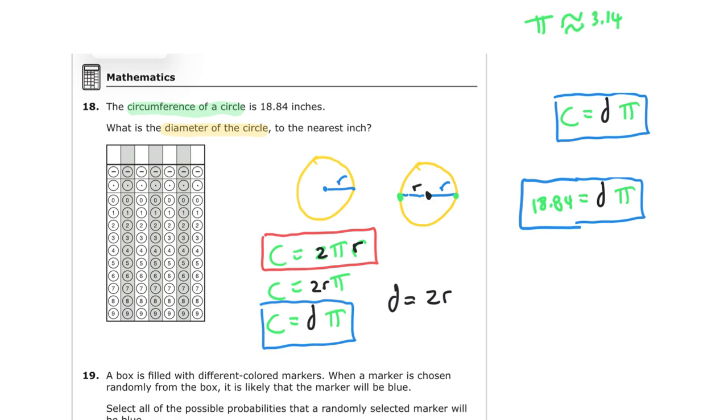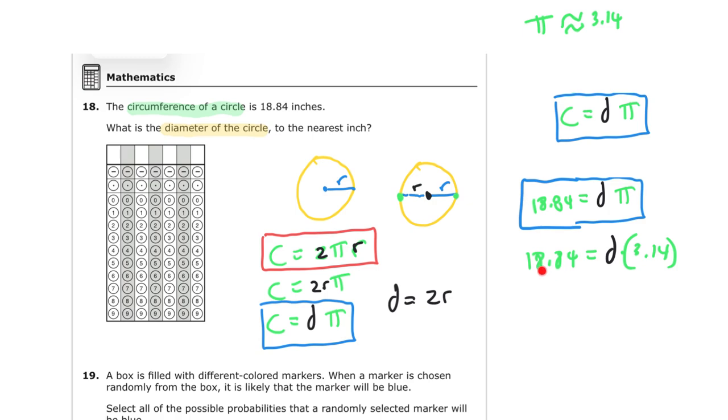Therefore, the situation we're dealing with is the diameter times 3.14. I'll use parentheses for that. Hopefully, my student watching recognizes that to find this diameter, all you have to do is take this 18.84 and divide it by 3.14. This is a calculator problem, so you could just do that in your calculator.